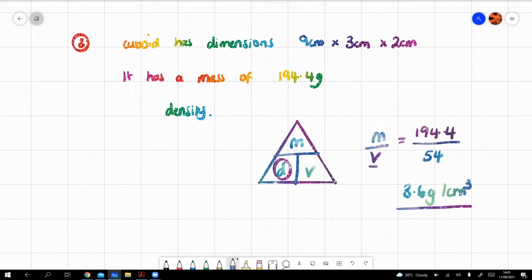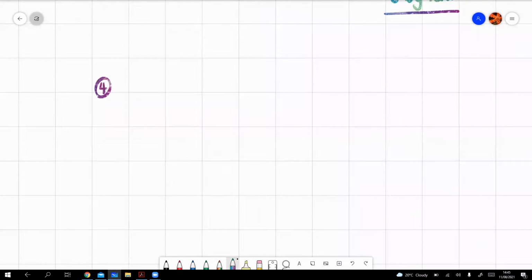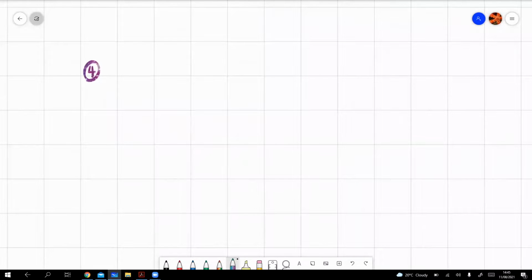Okay, rightio. Let's have a look then at another example. Okay, so this time we won't work out the density, we'll work out something else.